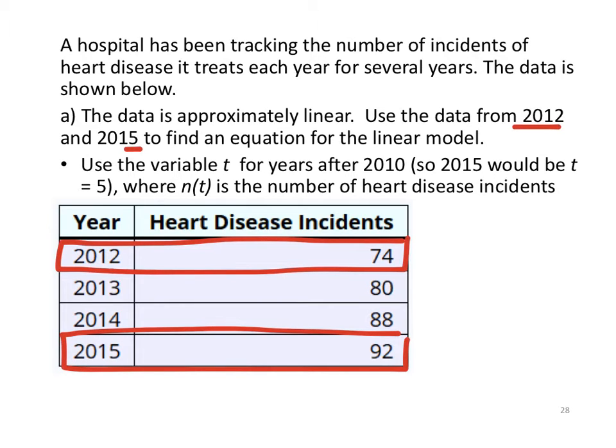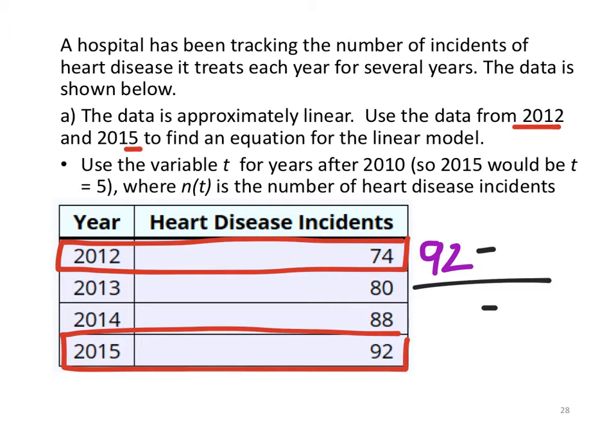The first thing I would like to do is to figure out the rate of change on that, which is the slope. They mean the same exact thing, right? So I would say, well, how many heart disease incidents occurred over this amount of time? Well, that's where you take, and if you've seen the formula for it, it looks something like this.